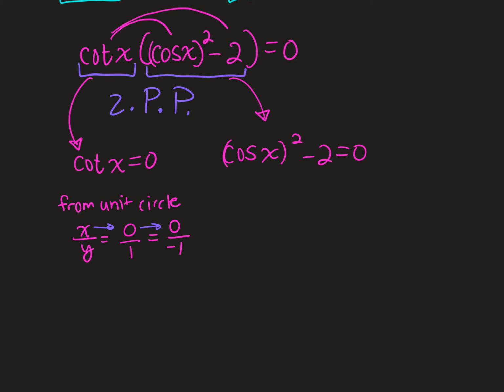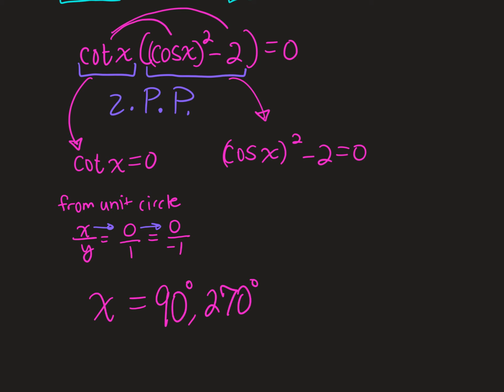So think about where on your unit circle you have x values that are 0. Yeah, 90 and 270. So let's do degrees this time. So we'll just do 90 and 270. Okay? Awesome. We've got 2 of our solutions. Maybe there's more. Let's see.